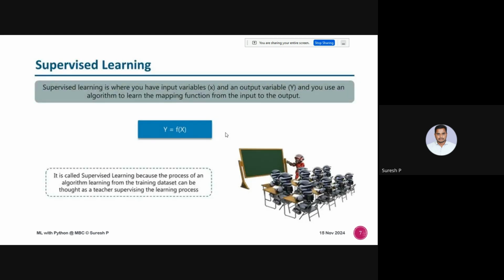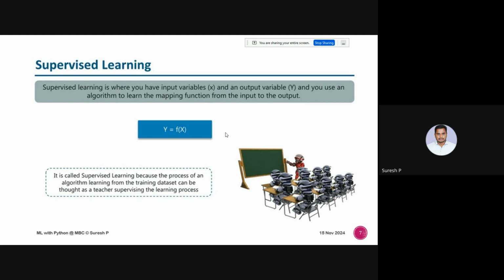Here we have the input variable X and the output variable Y. We have both variables, but the mapping function has to be learned from the input data. That is, X has to be mapped to Y. For example, whenever we have an input like 5 and an output like 20, how can that 5 be mapped to 20?